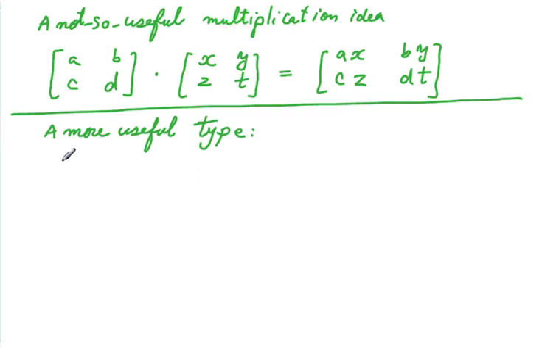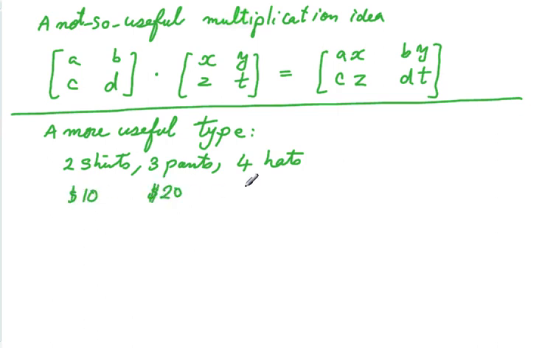Suppose I go to the market and I buy 2 shirts and 3 pants and say 4 hats. And I pay $10 for each of these, $20 for each of those, and $30 for each of these ones. And I'm asking for the total cost. Well, that's not a big issue.